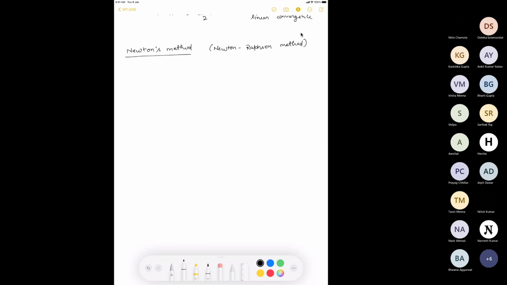So let me try to explain it geometrically, and then we will try to write down the steps. So I have a function f(x). So this is my function f(x), and I know that this is my exact root.